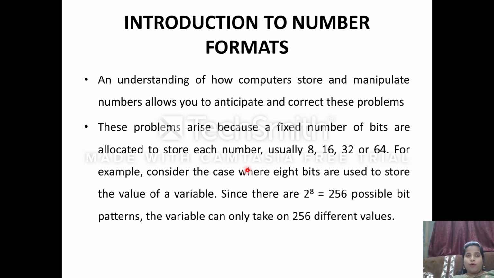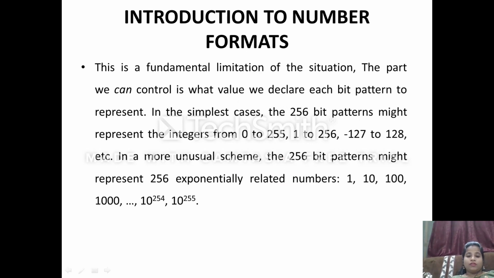Since 2 power 8 gives 256 possible patterns, the variable can only take 256 different values. Each of the 256 bit patterns might represent the integers from 0 to 255 if unsigned. If it is signed, then it can be represented from minus 127 to 128, etc.